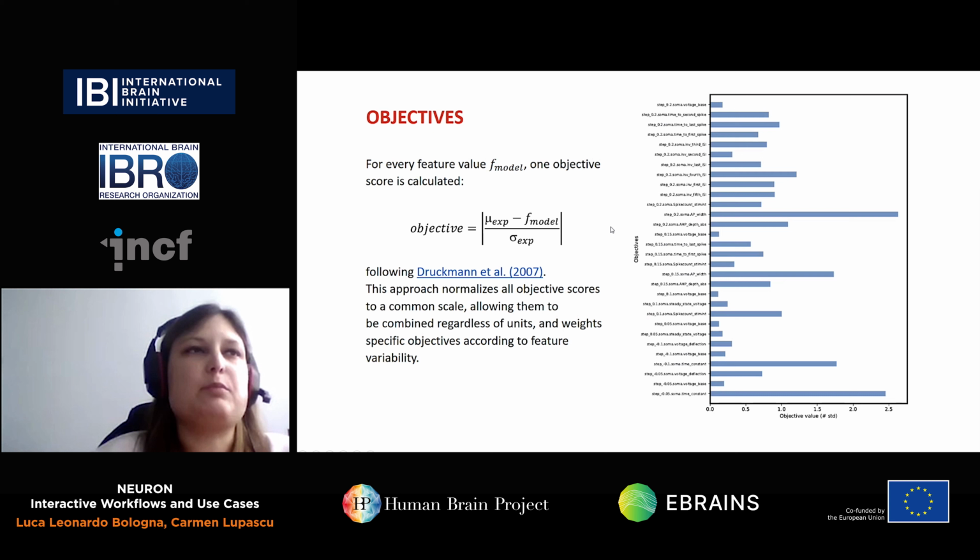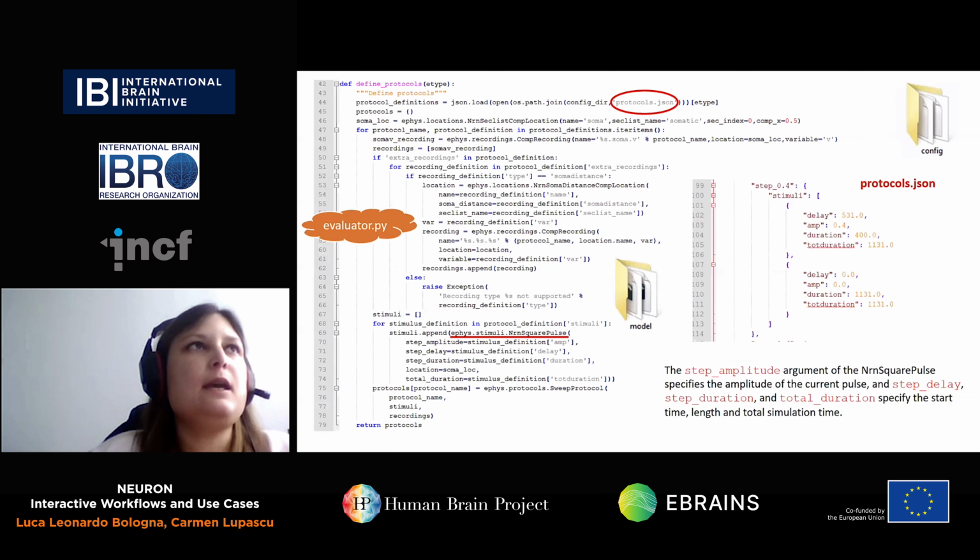And this approach normalizes all the objective scores to a common scale, allowing them to be combined regardless of units and weights specific objectives according to feature variability. So at the end, we'll get a figure like this, where we can see the standard deviation of the objectives for each feature, for each step protocol.